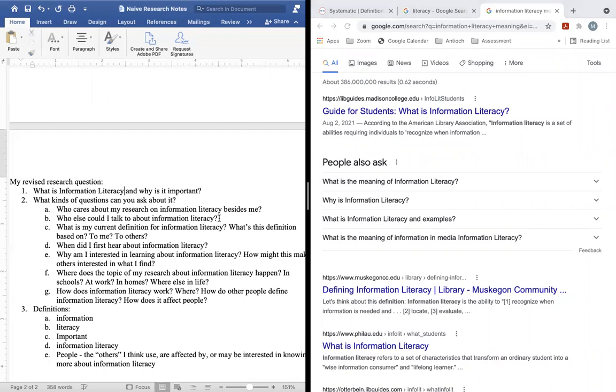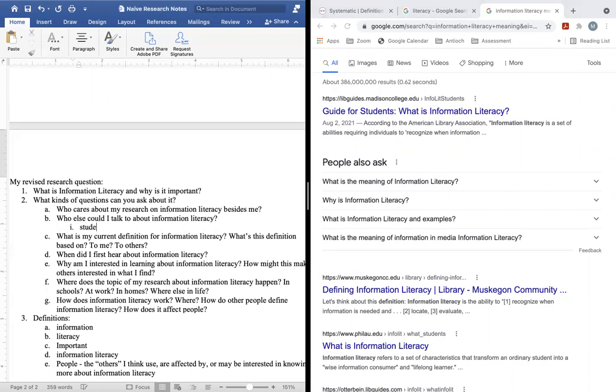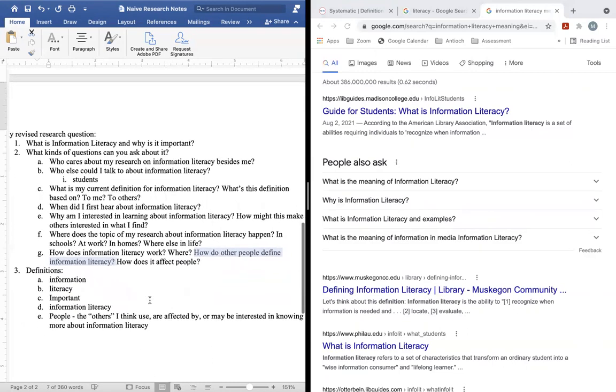All right, so I have a question about who else I could talk to about information literacy. I could talk to other students. I can probably try to find out how other people define information literacy, and those people could be students. So I have the definitions here.